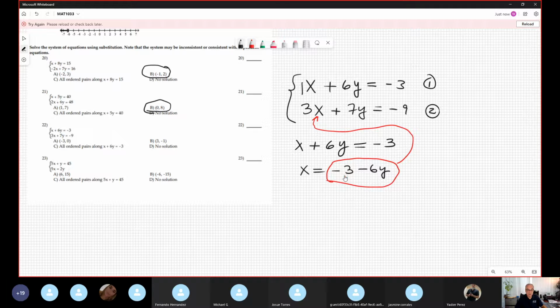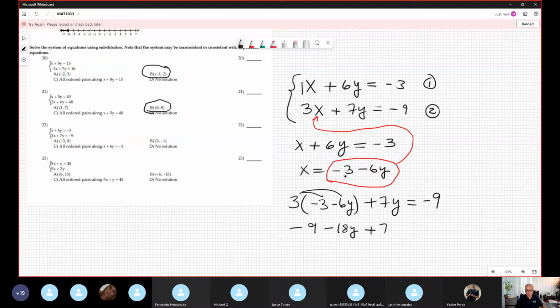So we have so far 3 parentheses minus 3 minus 6y plus 7y equals minus 9. Okay, again distributing, minus 9 minus 18y plus 7y equals negative 9.